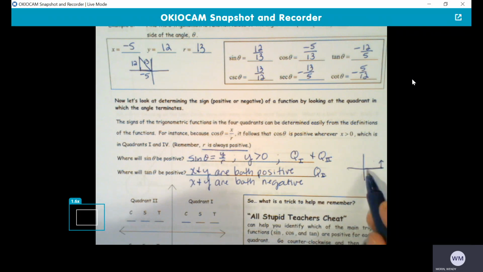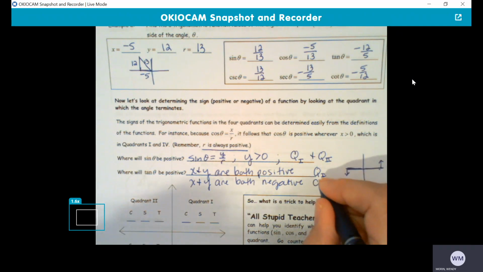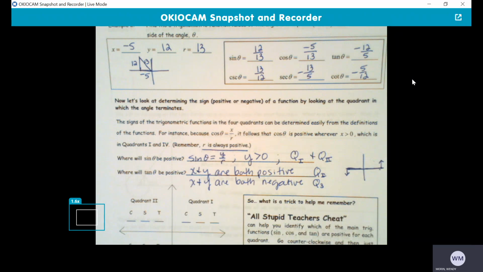Is there any other place where x and y are both positive? No. How about when x and y are both negative? Well, x is negative going in this direction, y is negative going in this direction, so quadrant 3 is where tangent is positive.